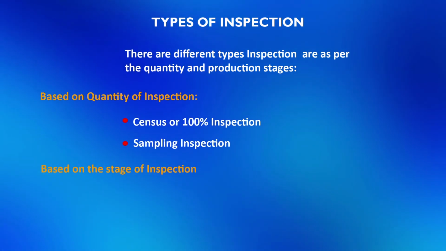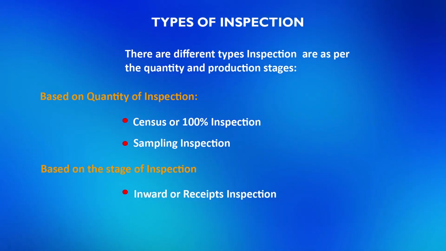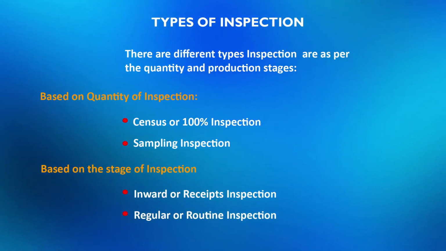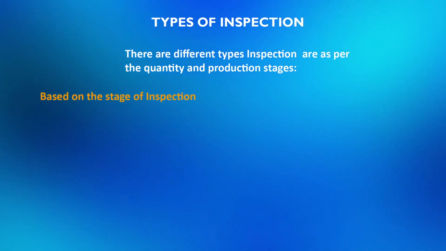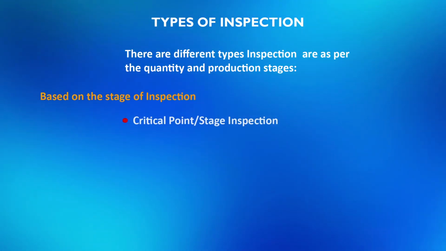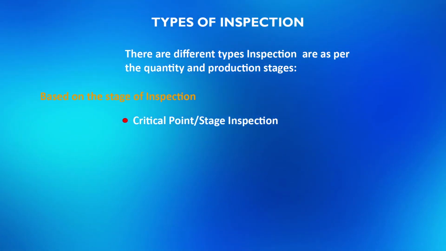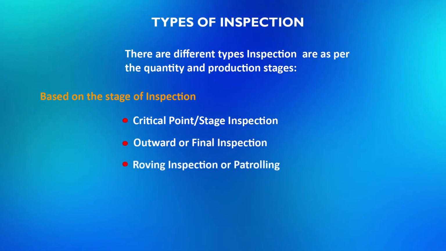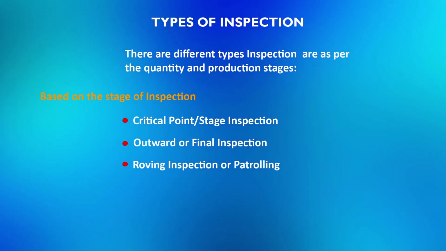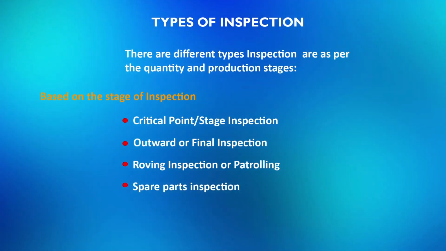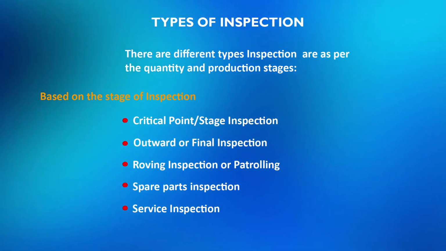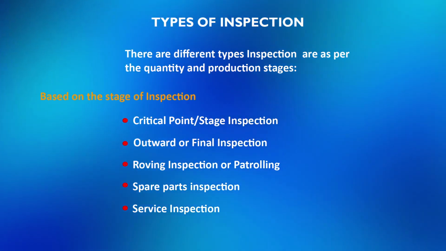Based on the stage of inspection: inward or receipts inspection, regular or routine inspection, critical point stage inspection, outward or final inspection, roving inspection or patrolling inspection, spare parts inspection, and service inspection. These are the various types of inspection.